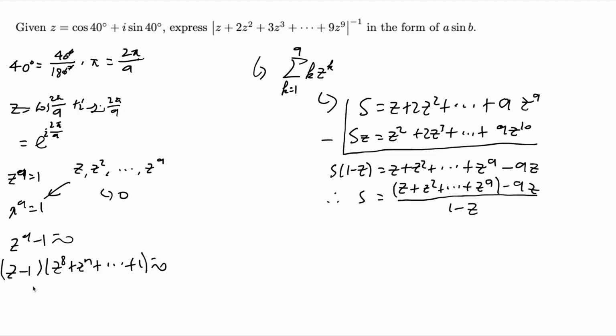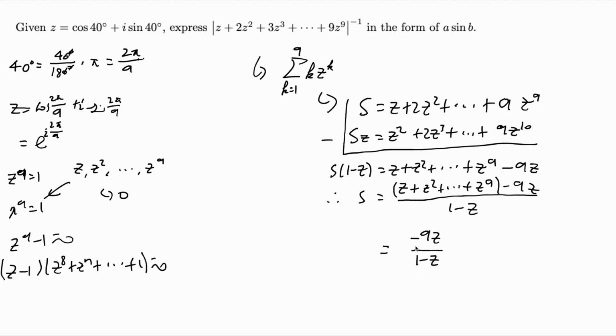Equals 0, but we know that z is not equal to 1, so this whole factor is equal to 0. Therefore, if we multiply z to everything, we get this one. We get S equals negative 9z over 1 minus z. So this is what we know.